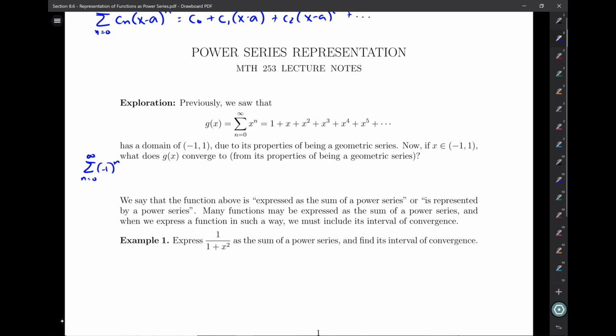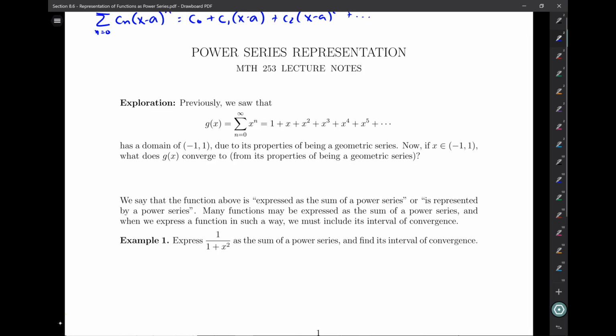So the partial sums would alternate between 0 and 1 and would never actually approach anything in particular, and so that series diverges. And then the more obvious endpoint, 1 to the n, which would just be 1, would be the series of 1s. Imagine adding infinitely many 1s, right? You would end up getting infinity. So the endpoints didn't check out, and that's why we have this open interval of -1 to 1.